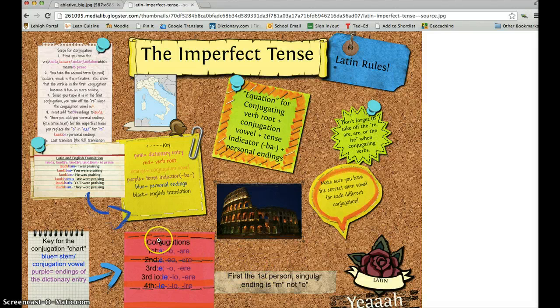So we have rules for conjugating in the imperfect. Here are really nicely laid out steps for conjugating. This is the basic stuff. This is the more detailed stuff. Now this is a little reminder. I just love this thing. And down here, you know, I say that stuff all the time. Okay, we are only halfway through.